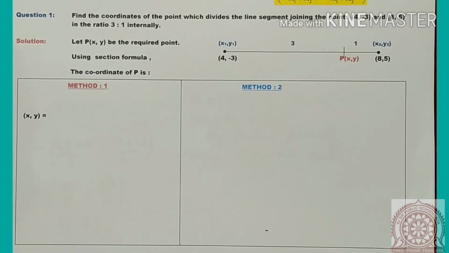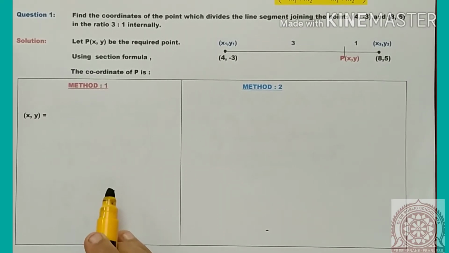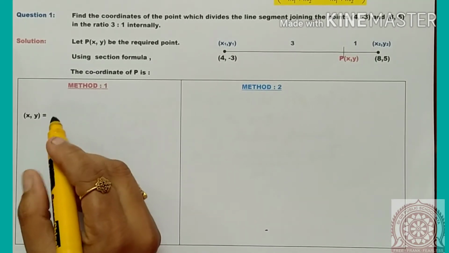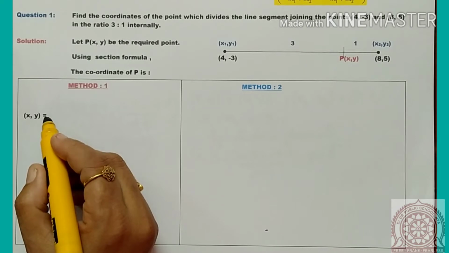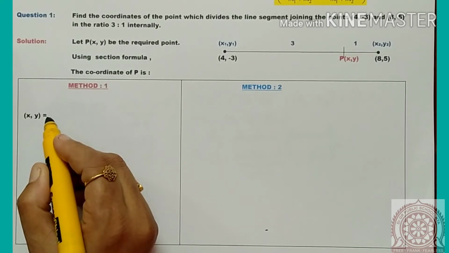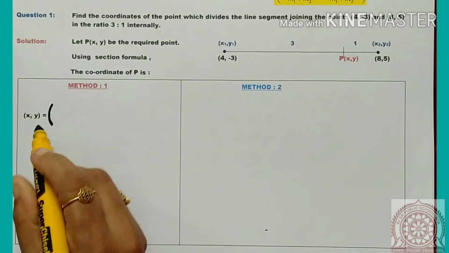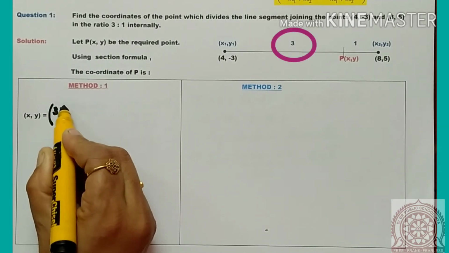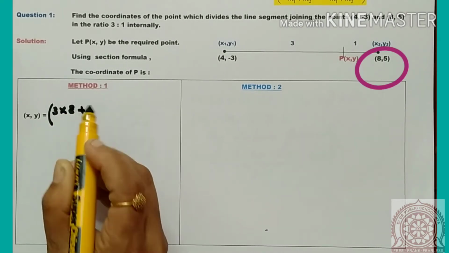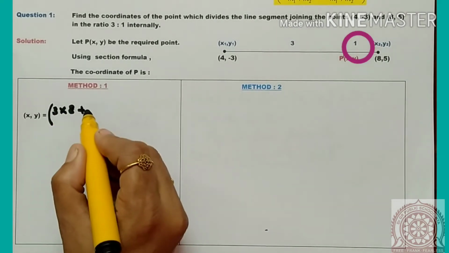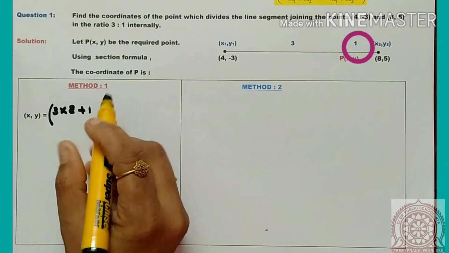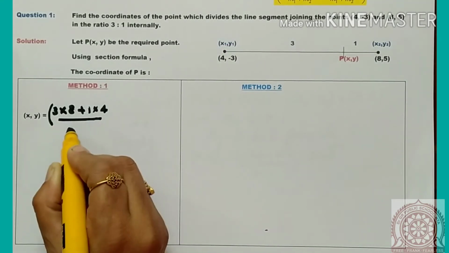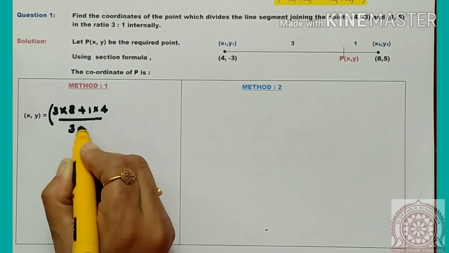Now, using the section formula, there are two methods to find it. First is the direct method, in which, just like the formula, m1 here is 3 and m2 is 1. So I am going to write it this way. m1 you multiply with the faraway x coordinate 8, plus m2, which is 1, you multiply with the faraway x coordinate 4, divided by m1 plus m2, which is 3 plus 1.